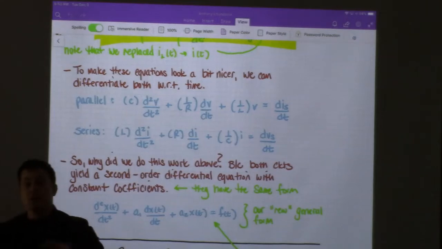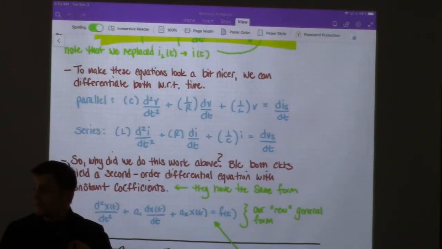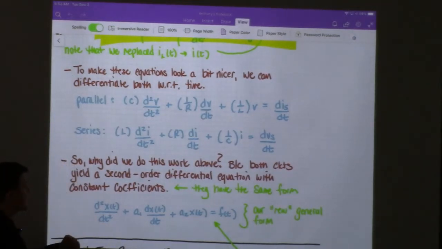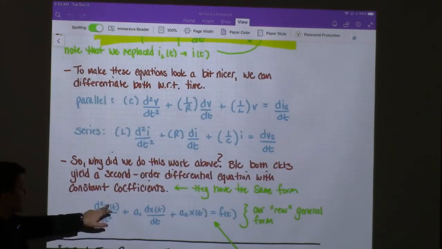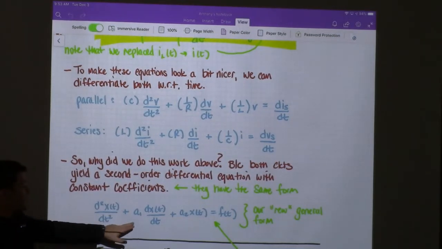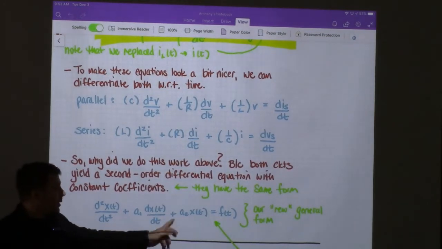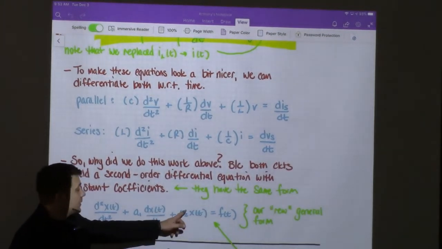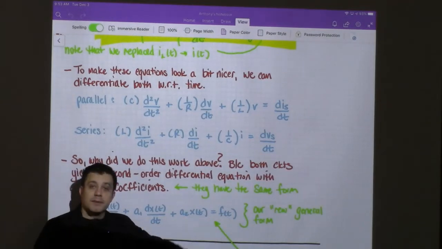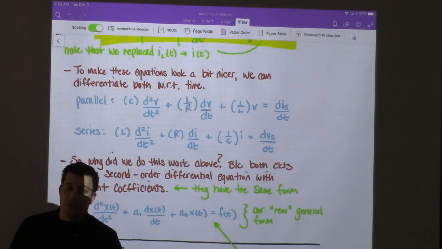One uses v, one uses I. But the form is the same, and it looks like this right here: the second-order derivative of our state variable, plus a constant, which we'll call a1, times the derivative of our state variable, plus another constant, a2, times our state variable, equals some sort of external force being applied.